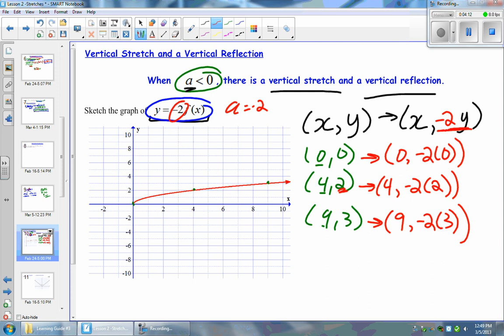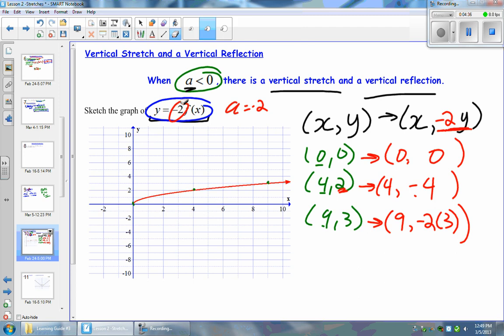It looks a little funny right now, so let's carry out our multiplication. Negative 2 times 0 is going to give me simply a 0. Negative 2 times positive 2 is going to be a negative 4.